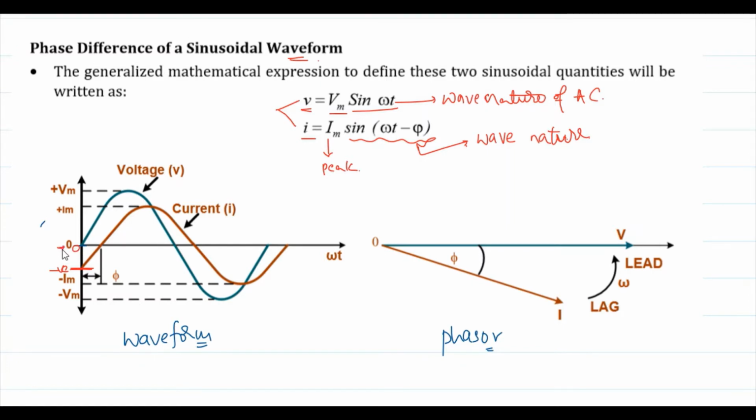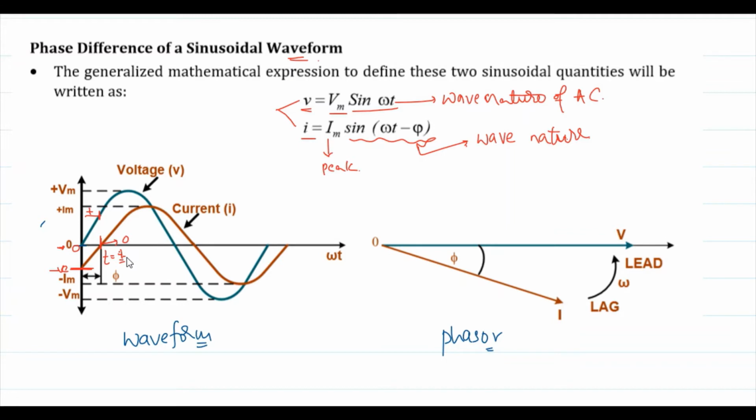As time goes on, at a certain time the current amplitude is 0, but the voltage has acquired a positive value.